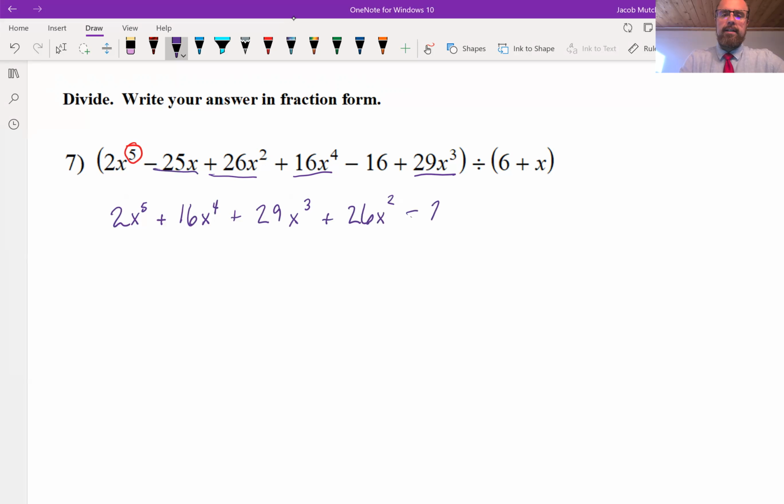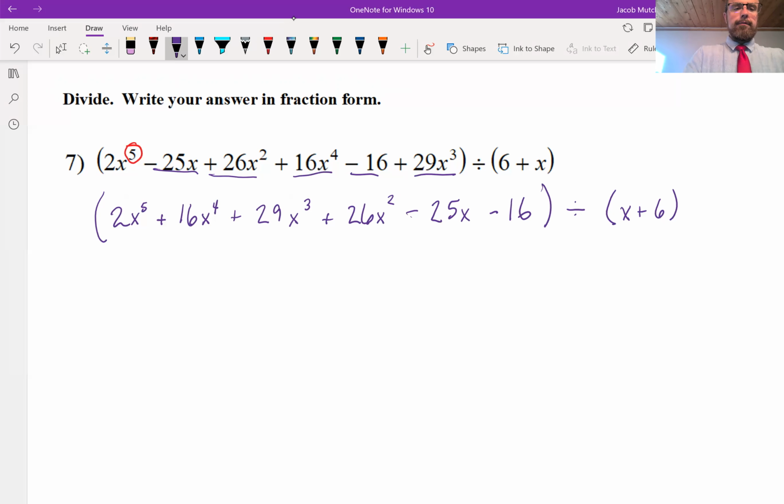Minus 25x. And lastly, minus 16. I also want to rewrite that divisor. It's switched around too, so I'm going to put divided by x plus 6. So now what I've got is a dividend and a divisor that's written in decreasing order of exponents, descending order. So now I'm ready to run the division.